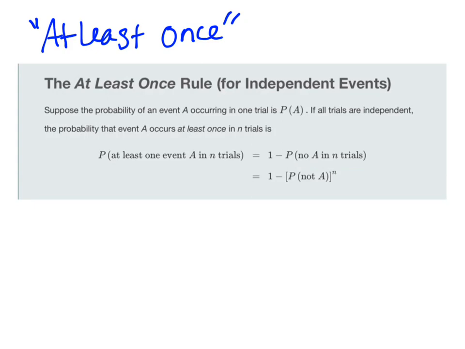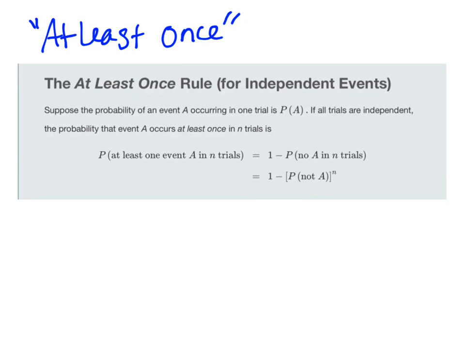We've seen that probabilities like this, where it must be one or the other, add up to 1. Either we get a tails in one of our trials or we don't get tails in any of our trials. So we can just subtract that away. And here's the claim: this equals 1 minus the probability of not A, to the nth power.